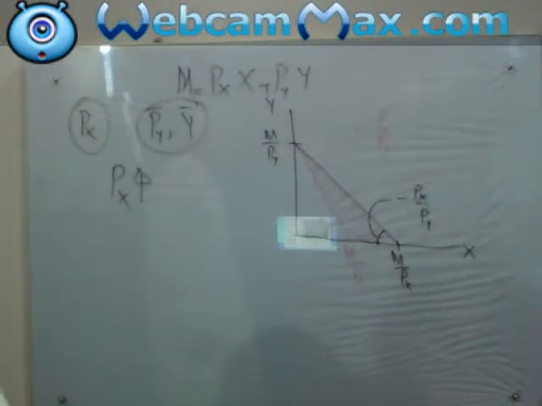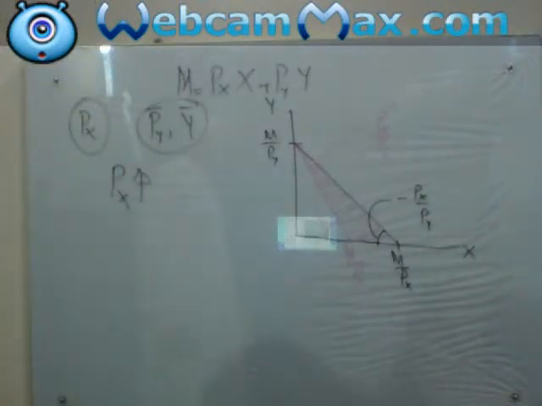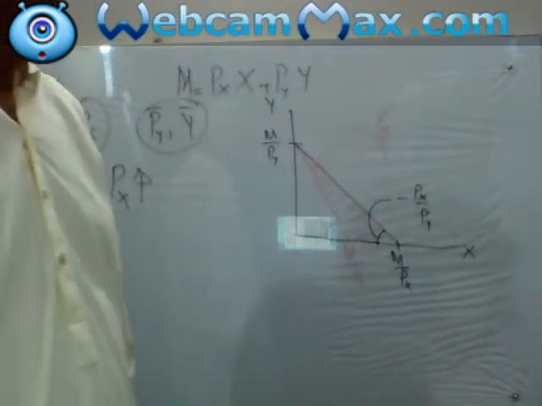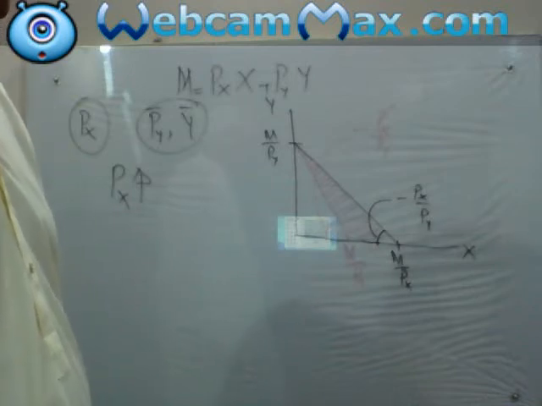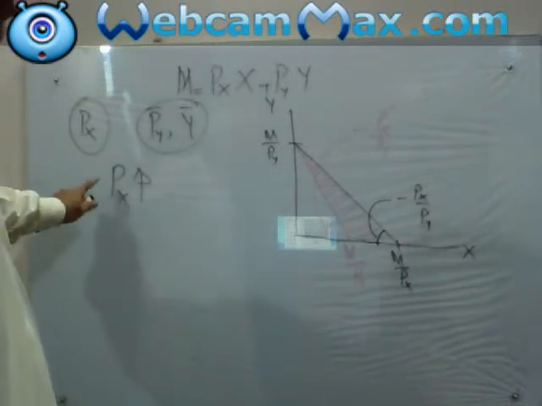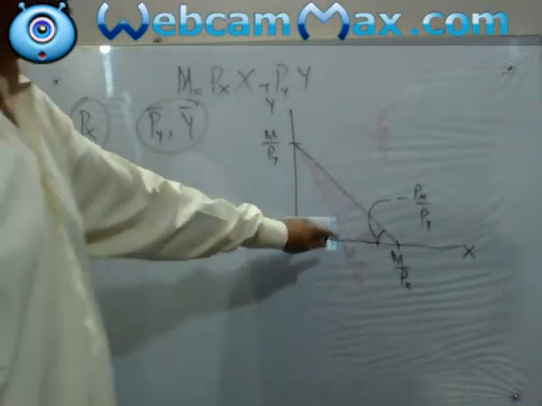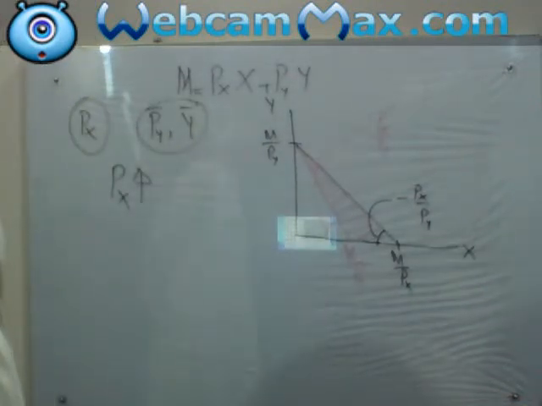Now you can recall, when we were discussing the slope of the budget line, we also said that it can be interpreted as the market rate of exchange. So when price of x rises, the x commodity becomes relatively expensive as compared to y. So the market rate of exchange also changes.